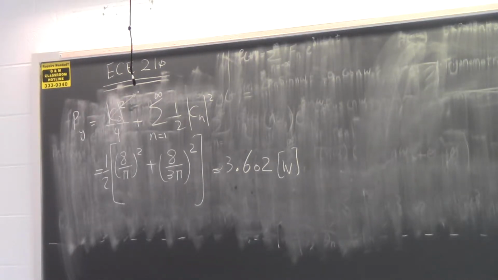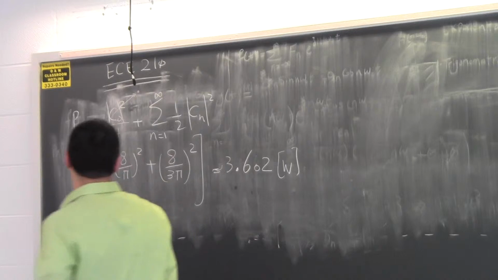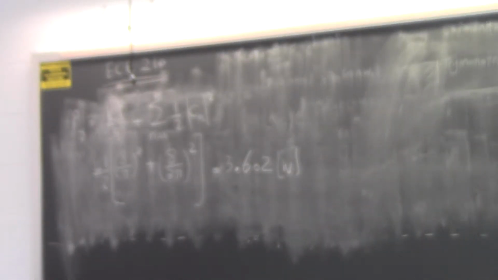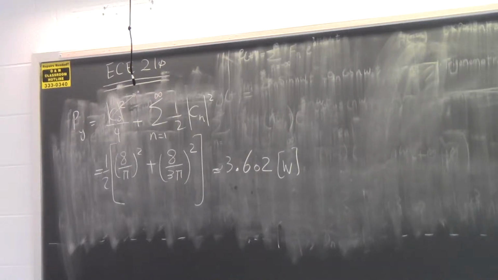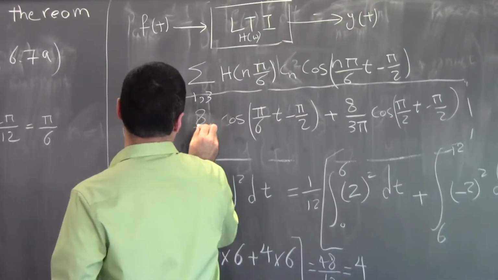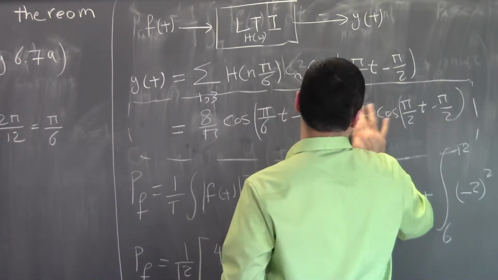C1. This one? Is it pi over 8 or 8 over pi? Pi over 8. But then there you have an 8 over pi. Ah, so my mistake. It should be vice versa. Yeah, please check. I assume that should be 8 over pi. Sorry about that.